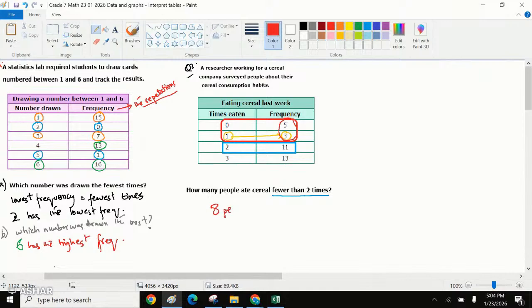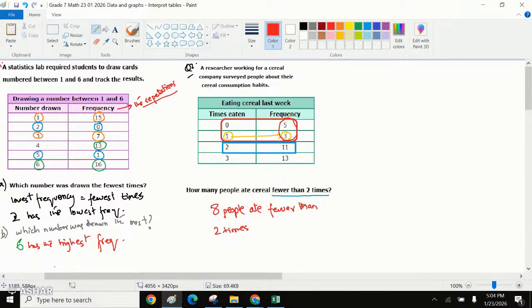people ate fewer than 2 times. That means it would include the people eating 0 times and it would include the people eating 1 time, right? So we would combine the values and we'll see less than 2.